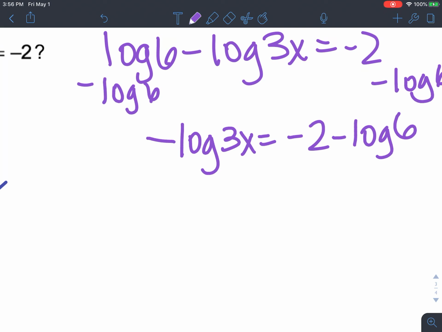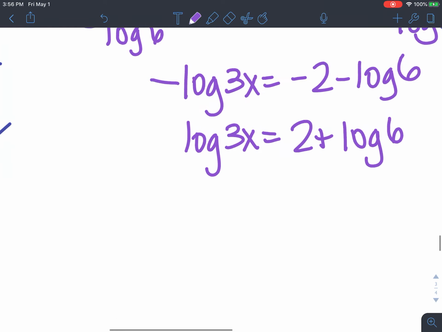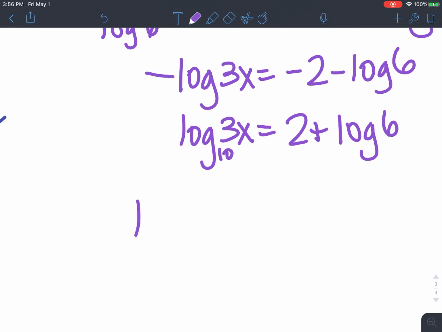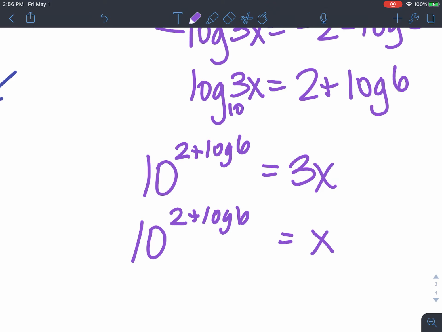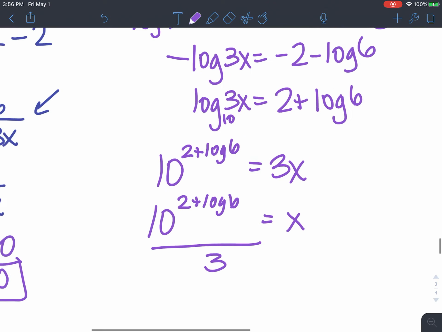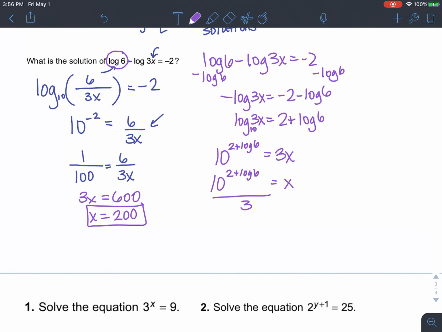And then I would divide everyone by negative 1 to get rid of that, because that's annoying. And then you could say 10 to the 2 plus log 6 equals 3x. x equals 10 to the 2 plus log 6, over 3. And you should get the same answer.